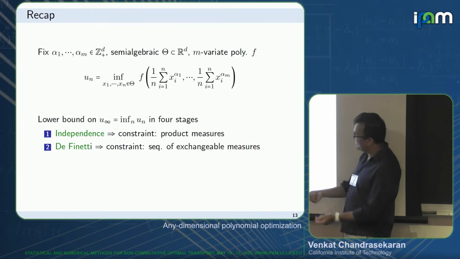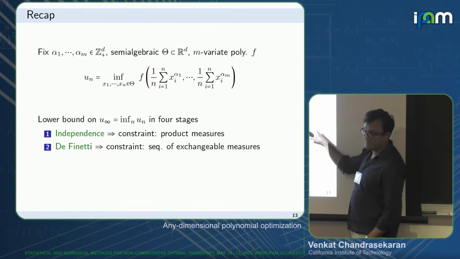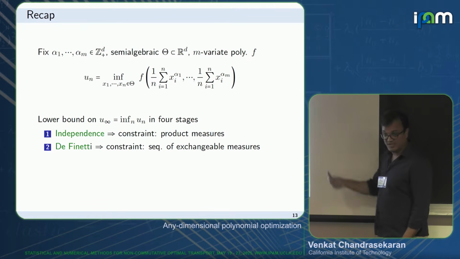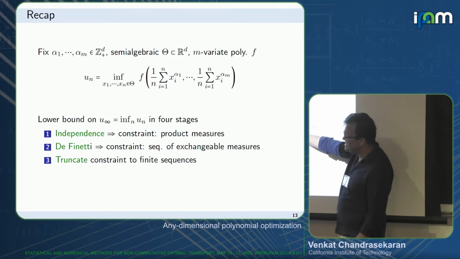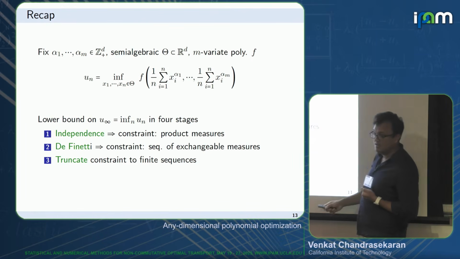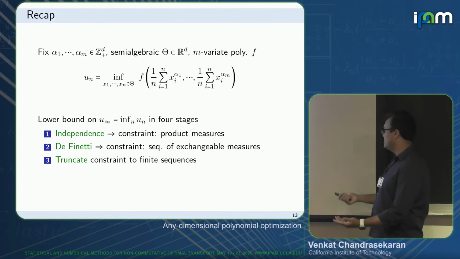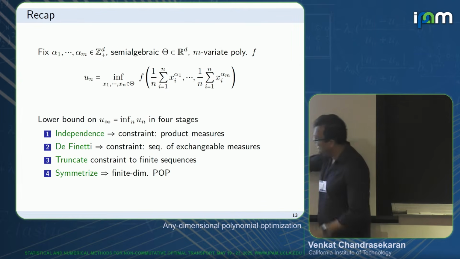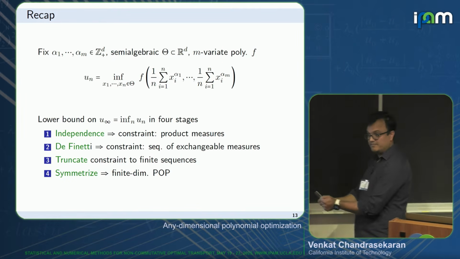Step 2 took convex hulls of those product measures and used de Finetti to state things in terms of an infinite sequence of exchangeable measures. Up to and including step 2, we had an exact reformulation of U infinity. Step 3 is where we start producing lower bounds, so you truncate to finite sequences. And finally, you go through the symmetrization step to actually produce a finite-dimensional POP.